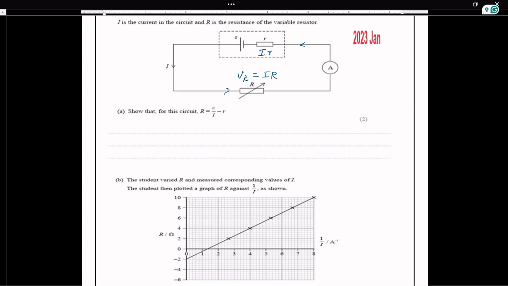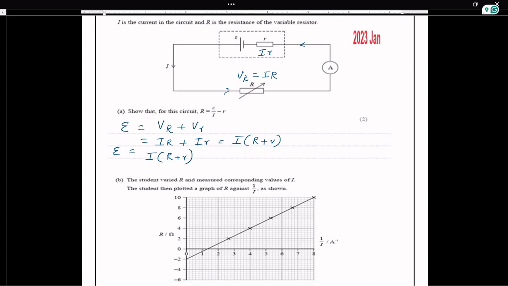Therefore, we can say that the EMF E is the sum of the drop across R plus the drop across small r. It is I R plus I r. I can say this is I times (R plus r). So EMF equals I times (R plus r).